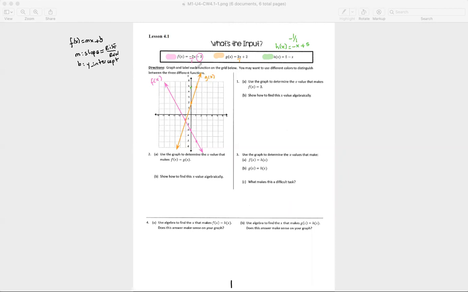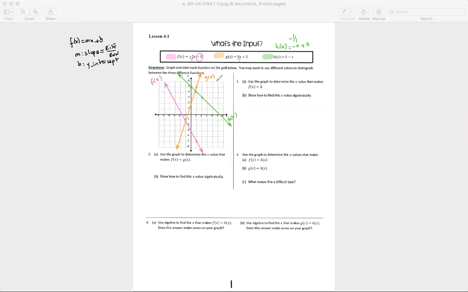So 5 is the y-intercept, and then go down 1, 1 right, and keep repeating that. You don't have to, again, 2 points are probably sufficient. And this is your line, and this is h of x. Okay, so these are the three lines.